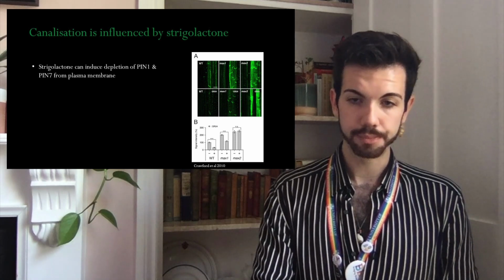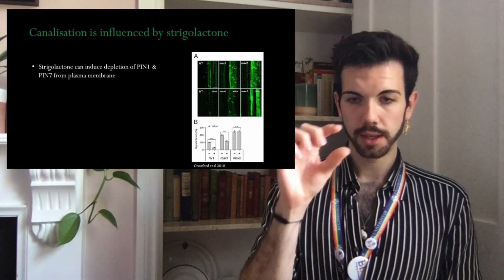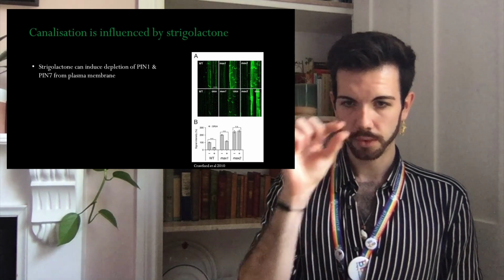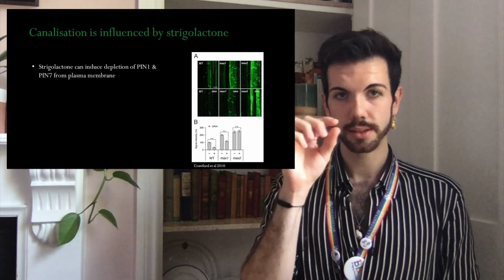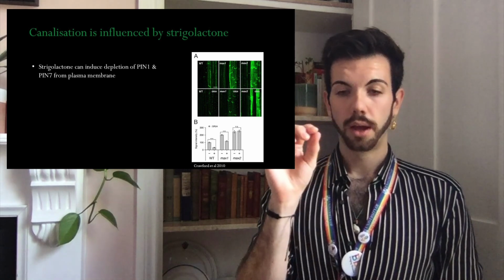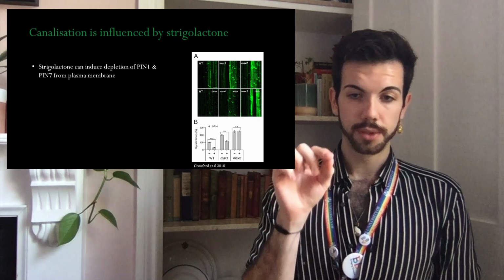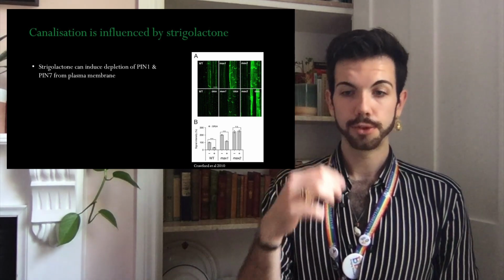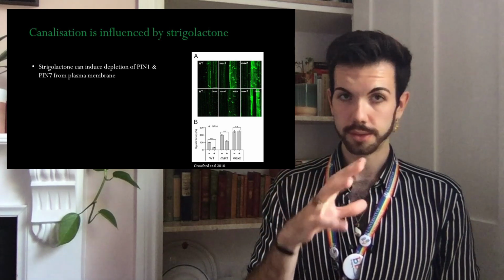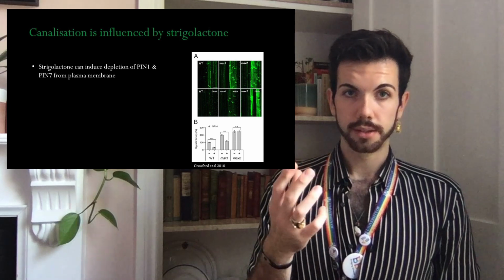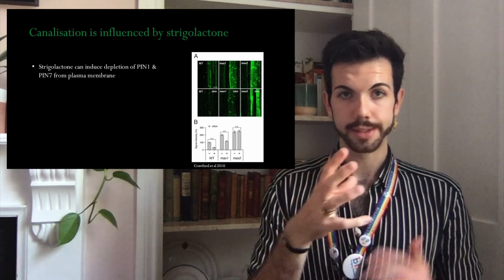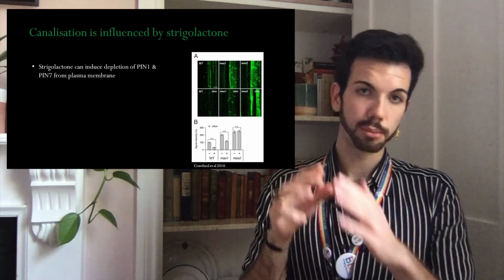And you can see in those images there are these green, horizontal, quite intense lines, and that's polar PIN1. You can see where the strigolactone has been applied, there are much fewer of those, so we can't see as many. And that suggests that GR24 is acting to deplete these PINs from the membrane.